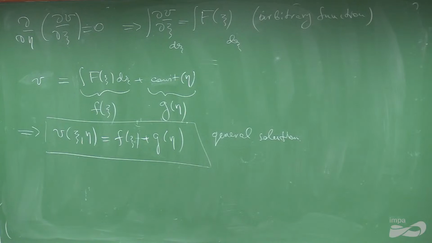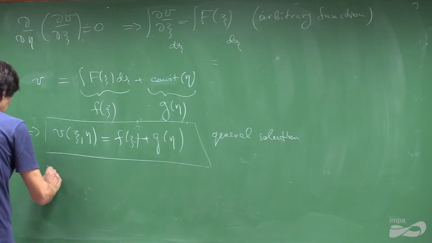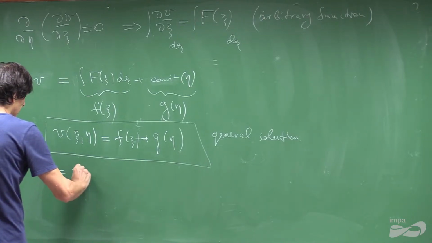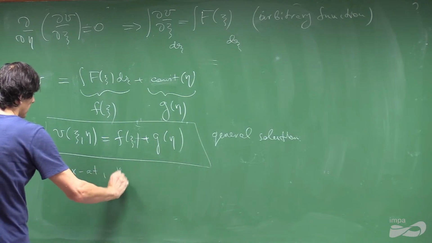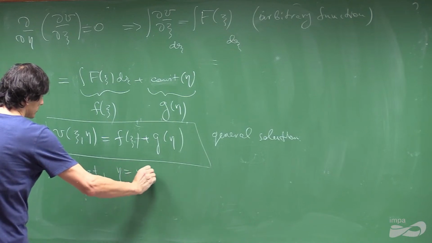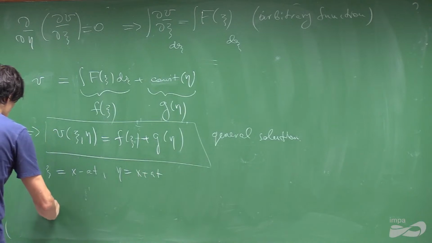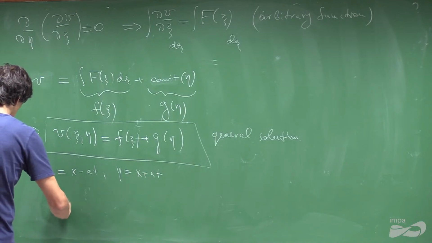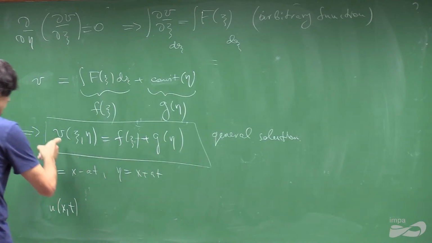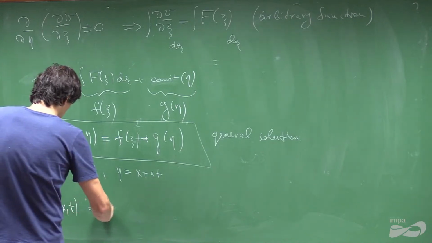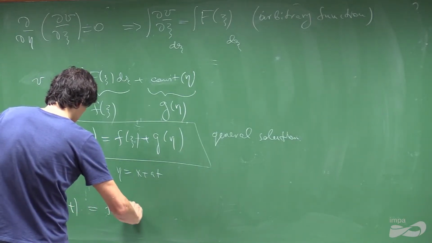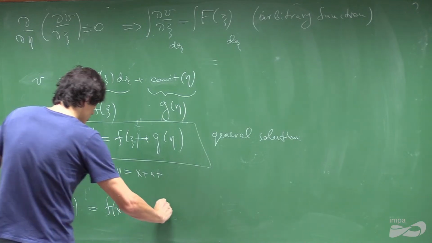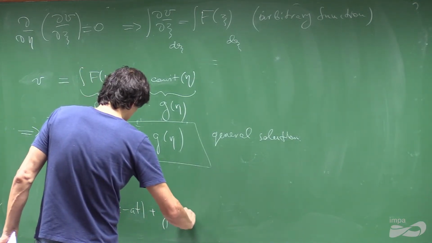And having the general solution for the wave equation in new variables, we can find the general solution in original variables. So now remember that psi is x minus at, eta is x plus at. So we get the solution u of x, t, which is f of x minus at plus g of x plus at.